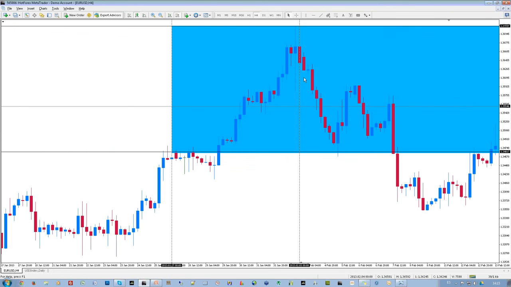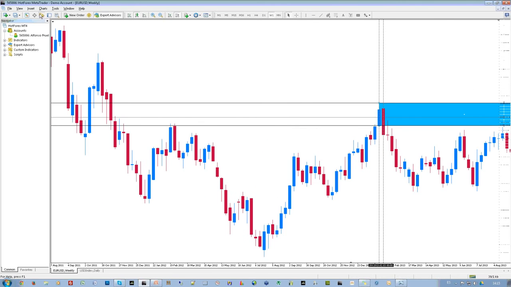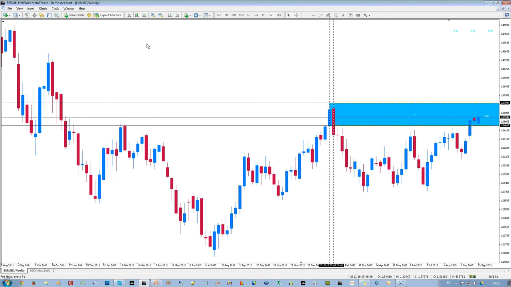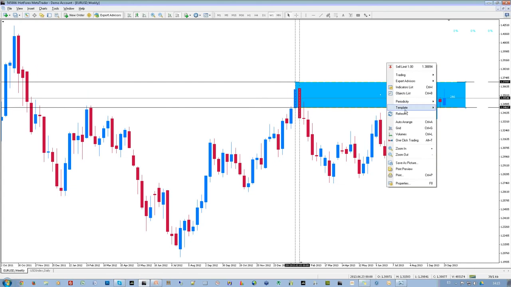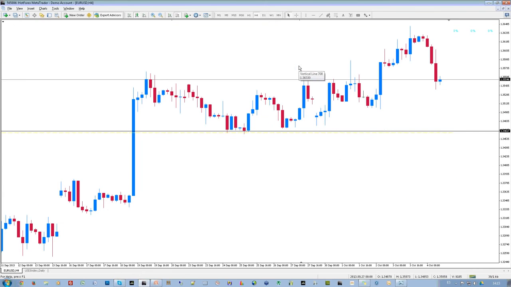So this is the supply area on the weekly, and let me do it like this now. I'm going to drag the rectangle extender indicator like that, so it will extend the level. So now on the 4 hour, for example, we've got this. Remove this. We were in a 1 hour, I think. Yes, the 1 hour.